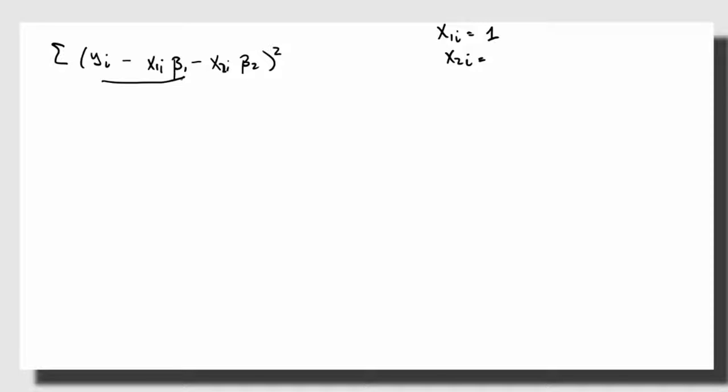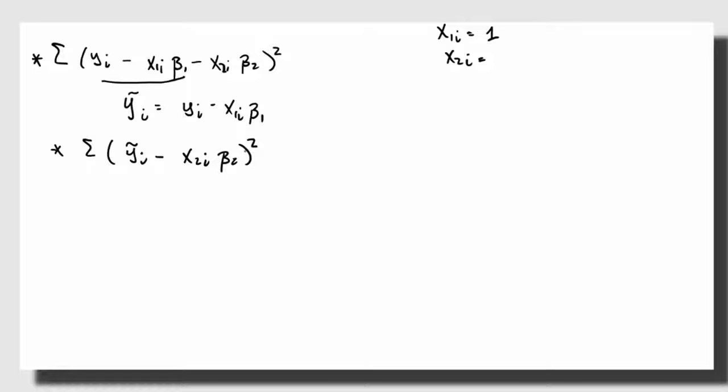Imagine if I were to just know beta1, or fix beta1. Then I get yi tilde, let's say, is equal to yi minus xi1 times beta1. And then this equation becomes the summation of (yi tilde minus xi2 beta2) squared.